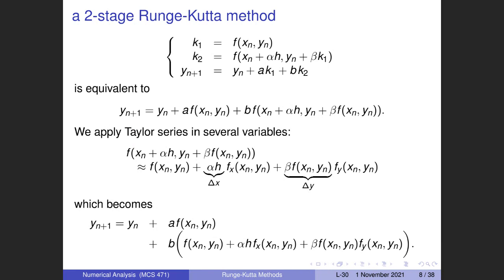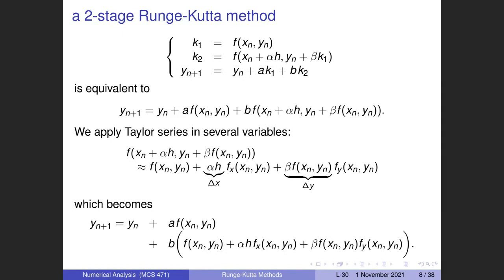So the two-stage Runge-Kutta method: combine this in one rule. The derivation has a function evaluation that is hard to work with, but we can simplify.